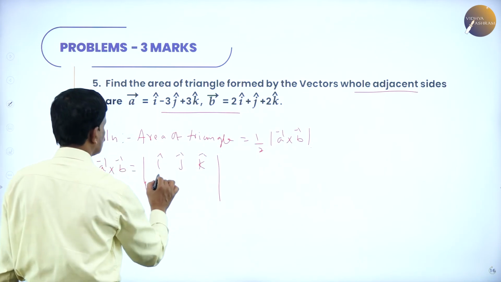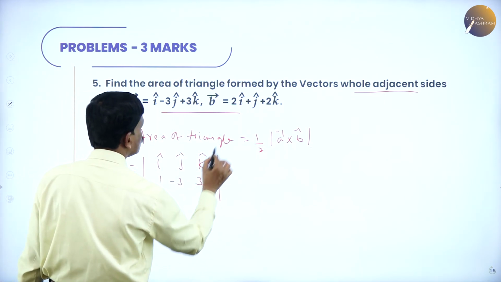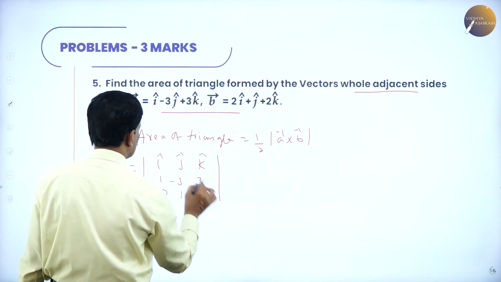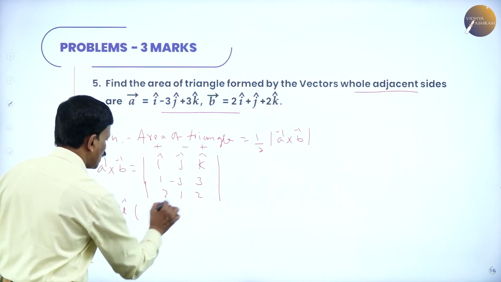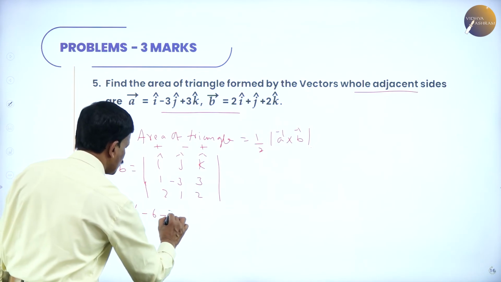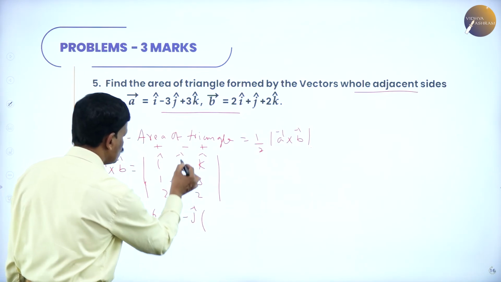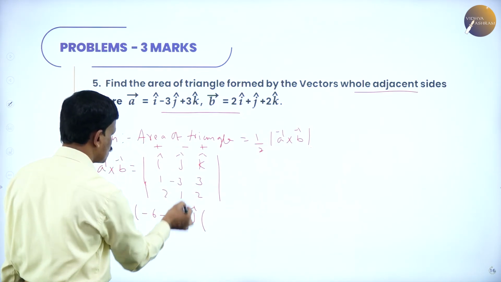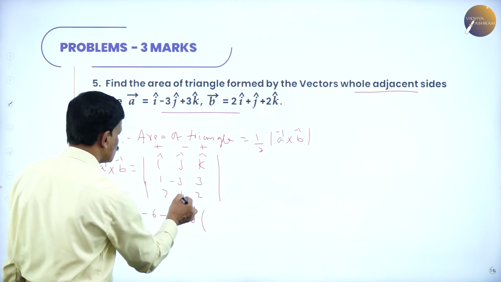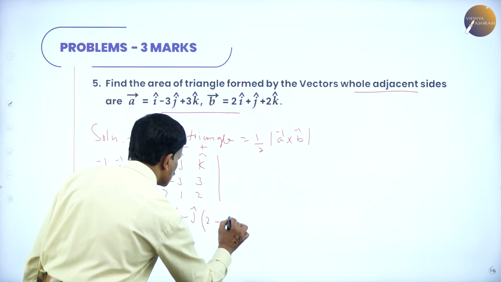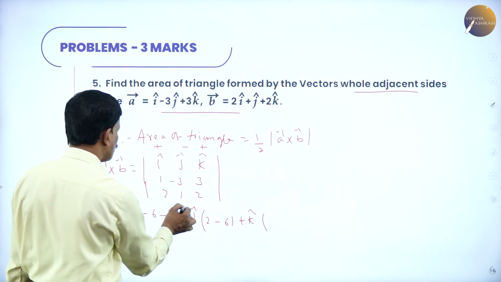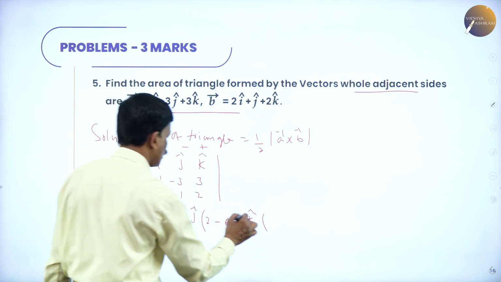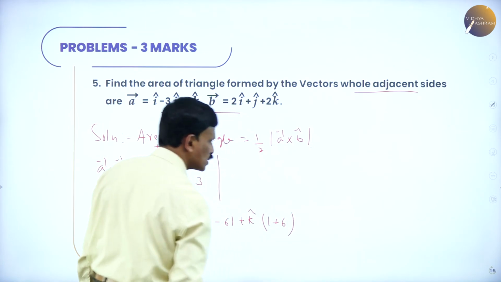So what are the values? 1, minus 3 and 3, 2, 1 and to simplify plus, minus and plus. i into minus 3 2s are 6, minus 1 3s are 3, minus j into (this row and column is deleted) 1 2s are 2, minus 6, plus k cap into (this row and column is gone) 1 1s are 1, minus into minus plus 3 2s are 6, 1 plus 6.